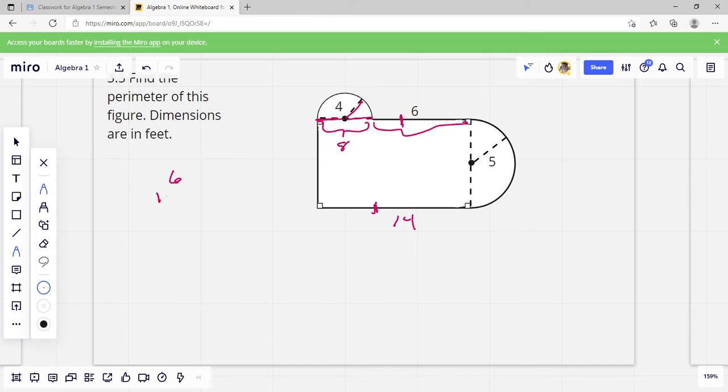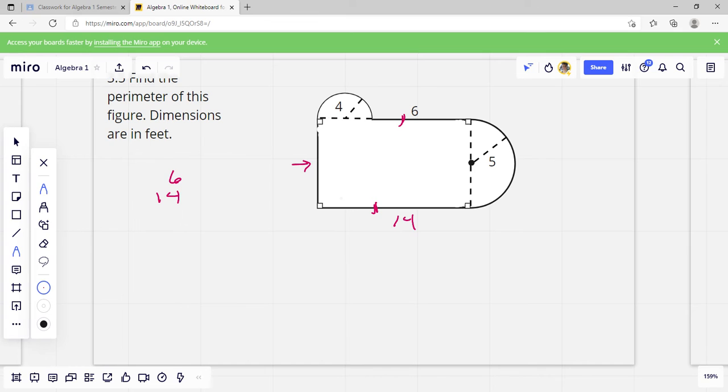We'll go ahead and put that on our list. Okay. Now I need to know what this side is right there.